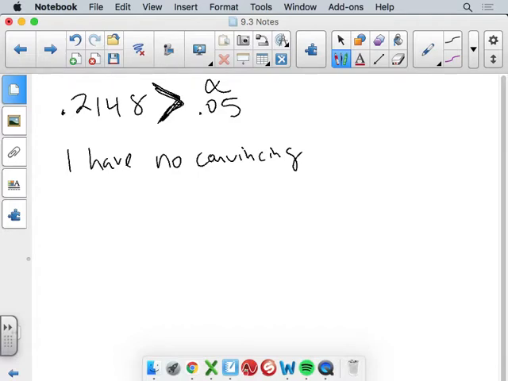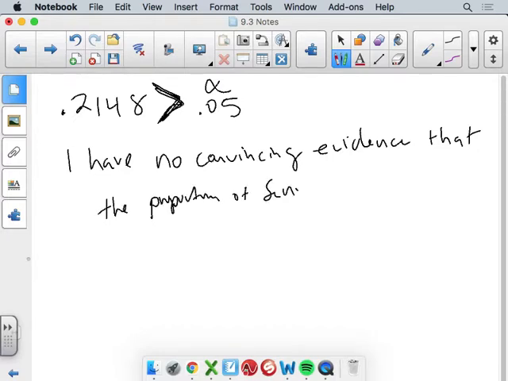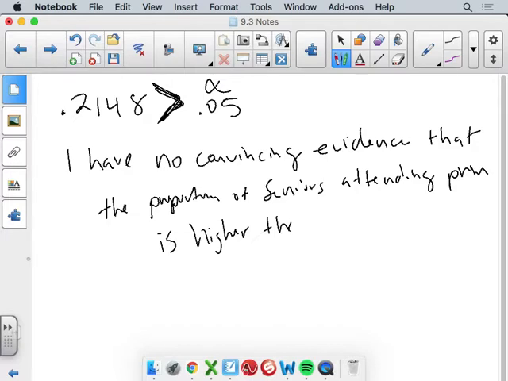You could say I have no statistical evidence, no convincing evidence that the alternative is true, that the proportion of seniors attending prom is higher than juniors.